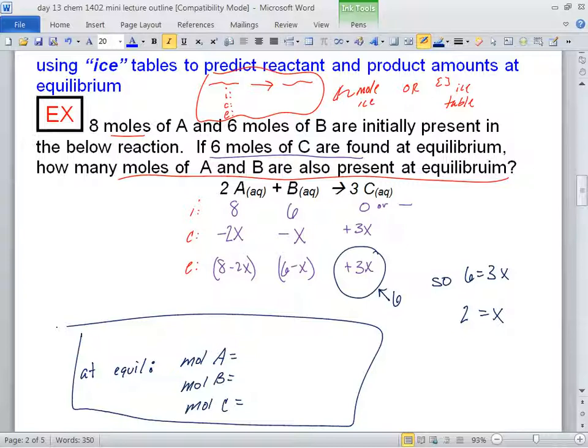They're supposed to be all in this E row. A would have to be 8 minus 2 times 2. Just get 4, right? 8 minus 2 times 2. B, everybody? 4. C, 6. And you're done. Okay?